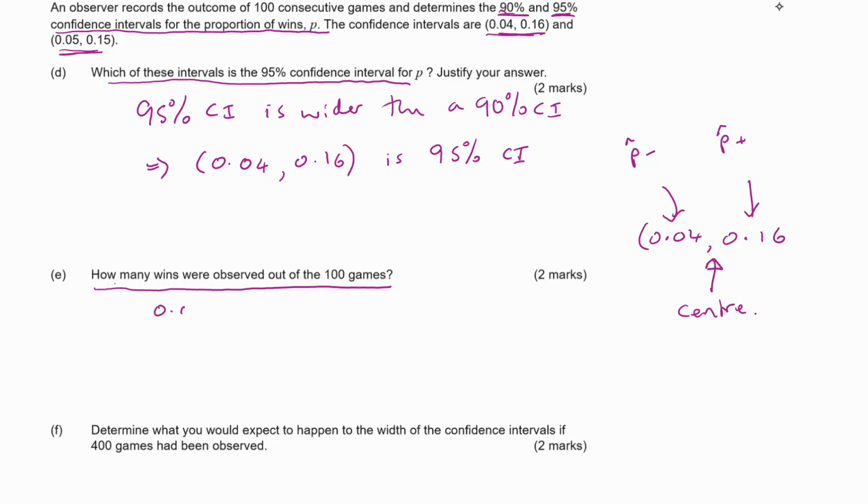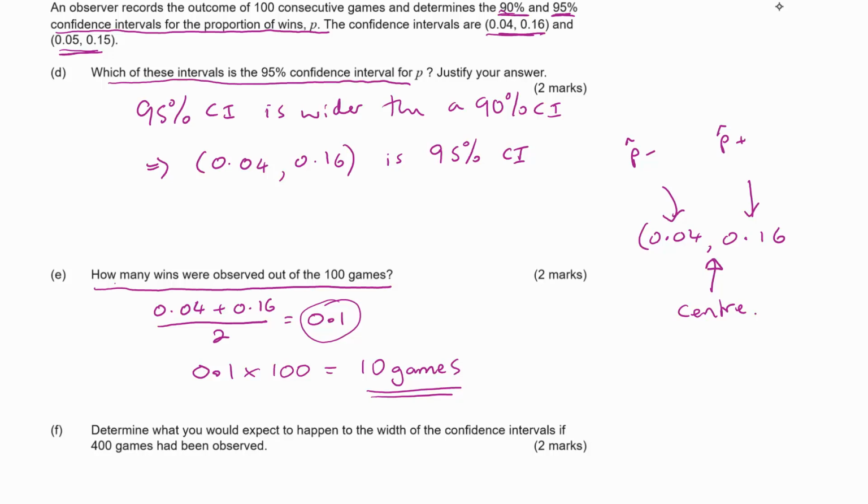So if we do 0.04, add 0.16 and divide that by 2, so that 0.2 divided by 2 is 0.1. 0.1 was the proportion of winning games. If there were 100 games, multiply that by 100, and we must have won 10 games. So 10 out of 100 giving us that proportion.